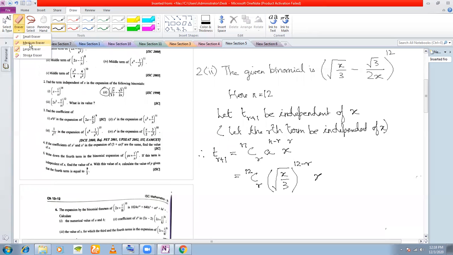What is x here? x here is minus root 3 by 2x, to the power of r, right?